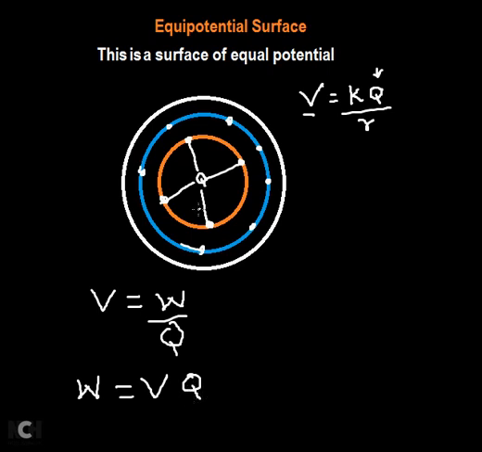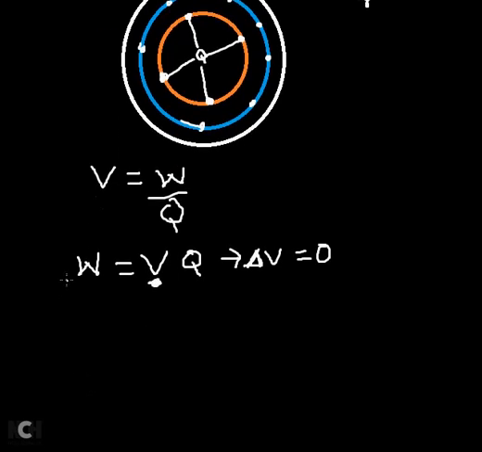So if we have an equipotential surface, the potential difference, let me use delta V, between two points on that surface is equal to zero. And if the potential difference is zero because it's equal, then that simply means that in an equipotential surface, no work is done. So work done on an equipotential surface is always equal to zero.